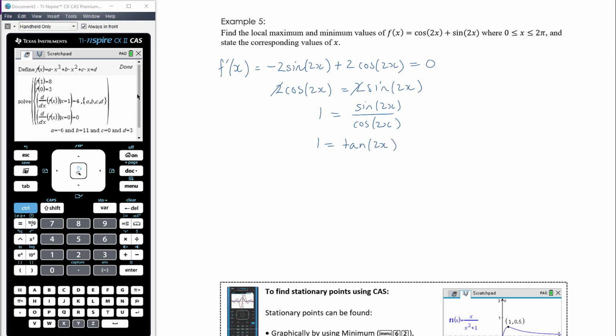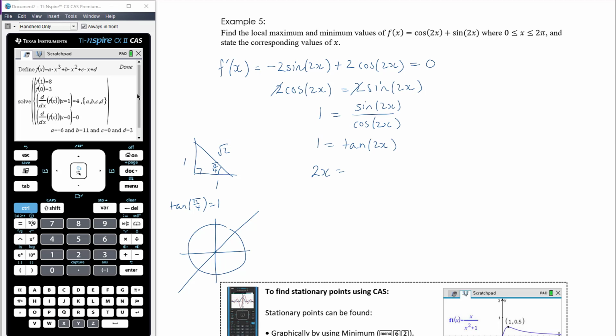Okay, so we're solving a trig equation. So tan equals 1 is pi on 4. Okay, so tan of pi on 4 is equal to 1. Tan is positive, so thinking about quadrants, it's going to be pi on 4 up here and pi on 4 down here. 2x is going to be equal to these solutions, and we want all the solutions between 0 and 2 pi.